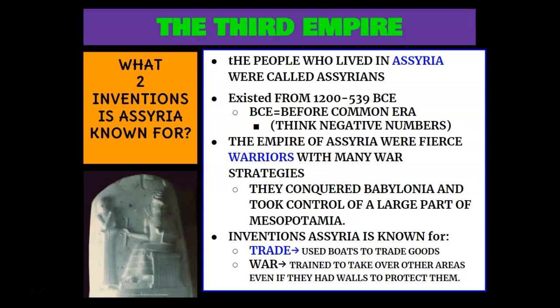But they also have very different war tactics because they trained to take over other areas, even if they had walls to protect them. And so they had to come up with extremely detailed plans in order to do this and to be very coordinated, making war one of the inventions that they are known for because they changed the way that people are fighting.